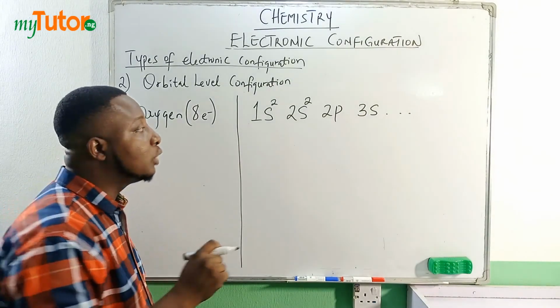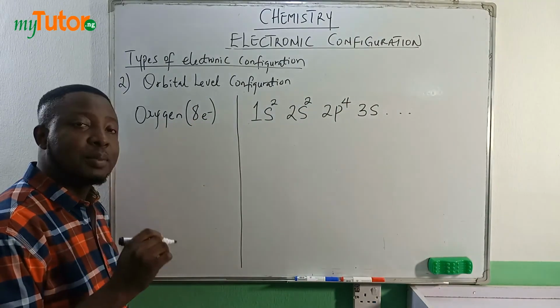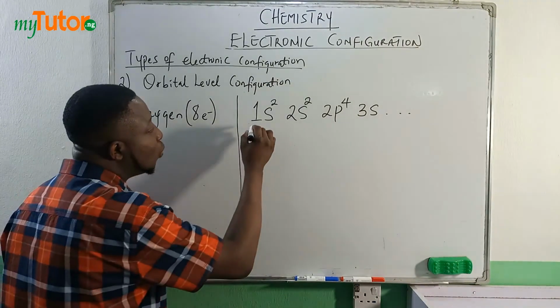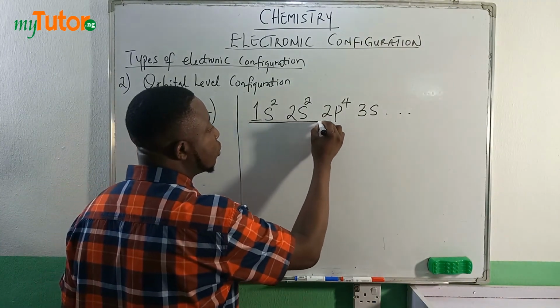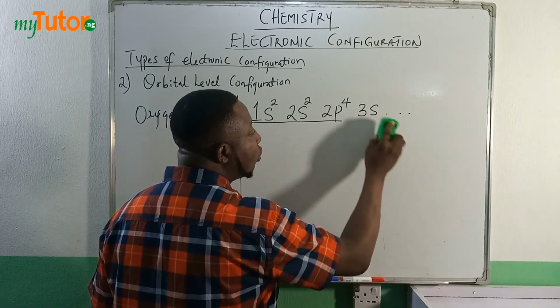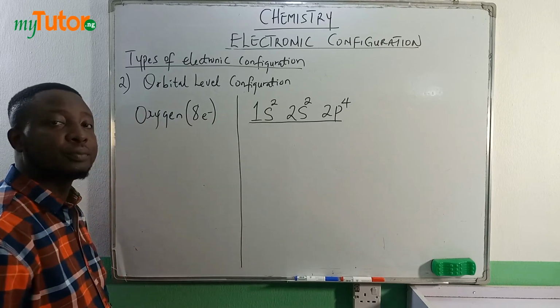So the 4 electrons will be added on the p orbital. So it means that the orbital level configuration of the oxygen atom is 1s2, 2s2, and 2p4. The 3s will not be included in the orbital level configuration of oxygen.